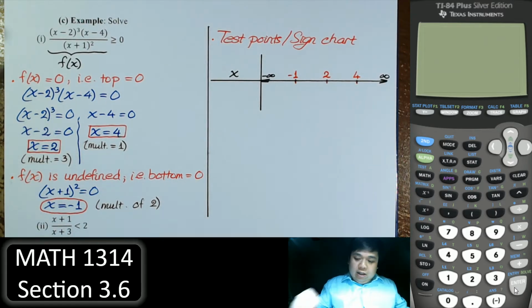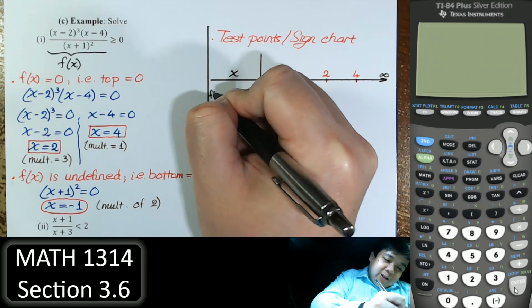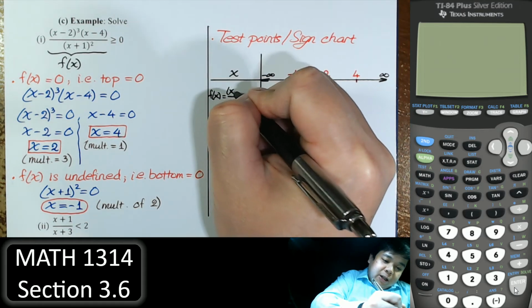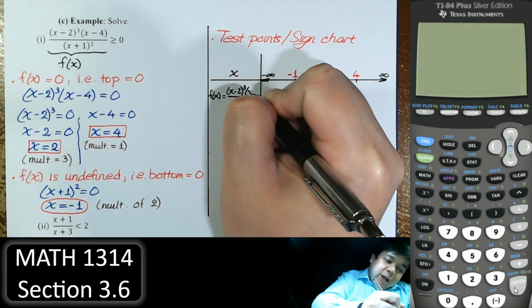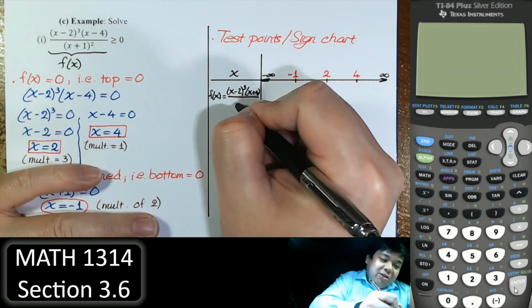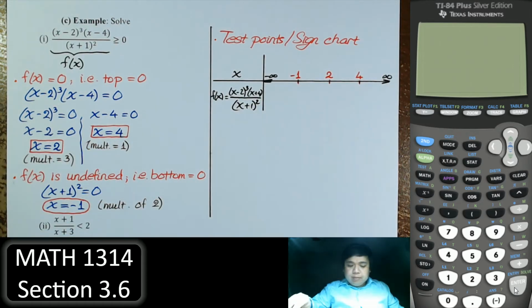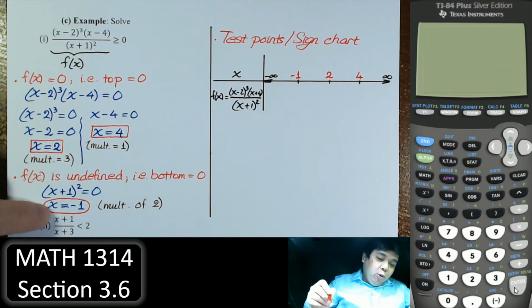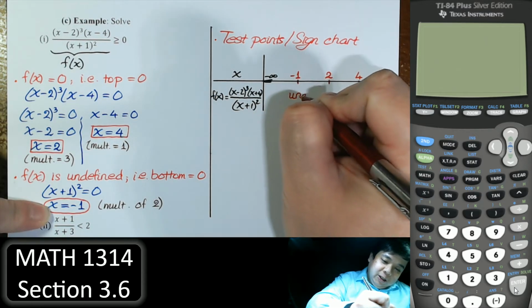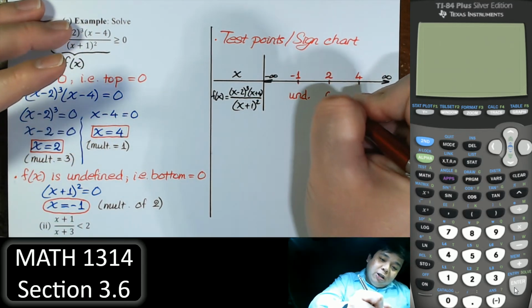With that, I'll write the function first: (x minus 2) cubed times (x minus 4), over (x plus 1) squared. Now, when x equals negative 1, the function is undefined. I will just write undefined. When x equals 2 or 4, the function equals 0.